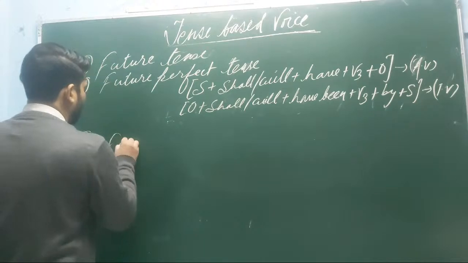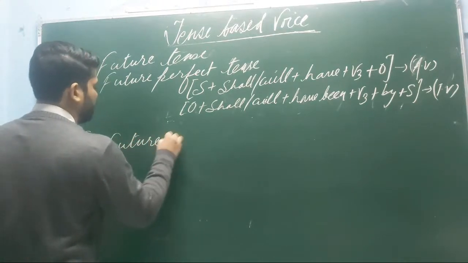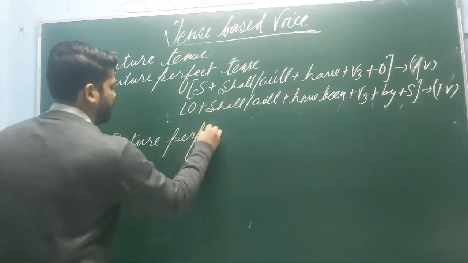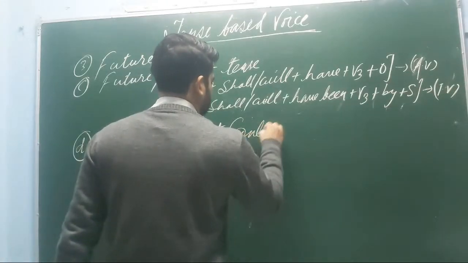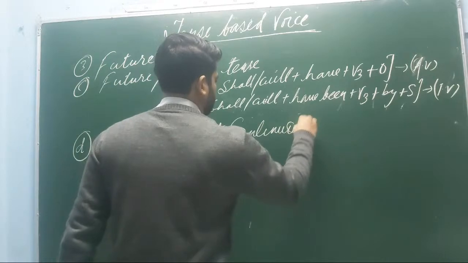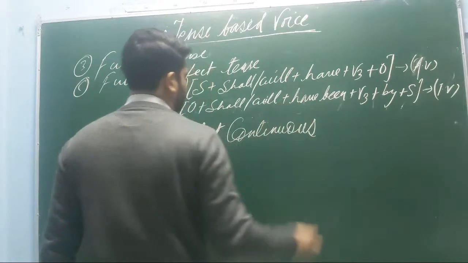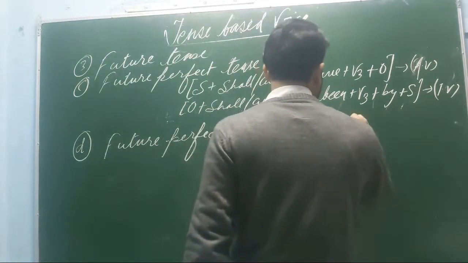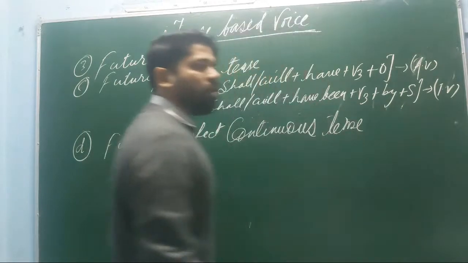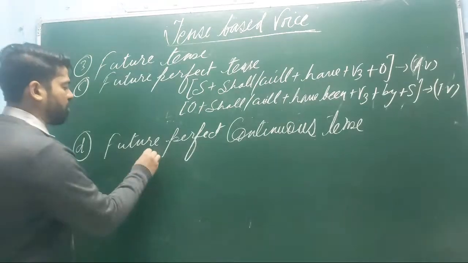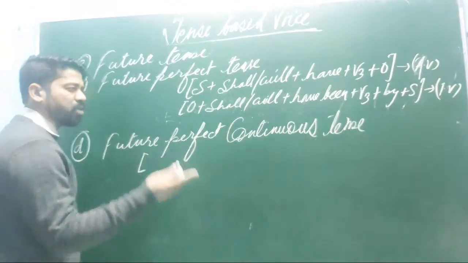Now coming to the last form, known by the name of future perfect continuous tense. Now what will be the basic structure for recognizing the sentences of future perfect continuous tense?